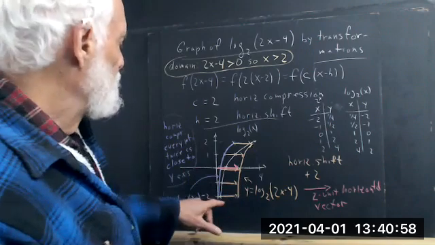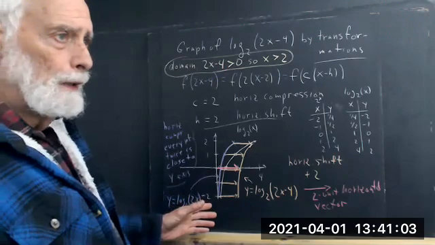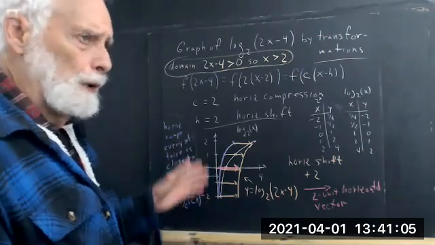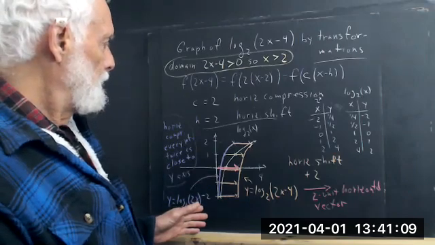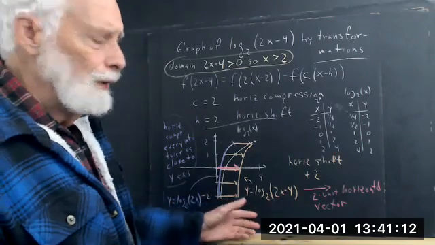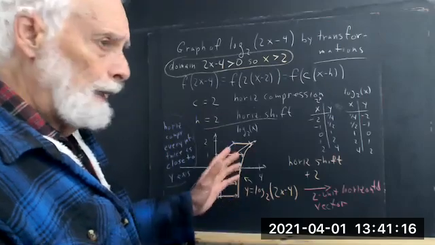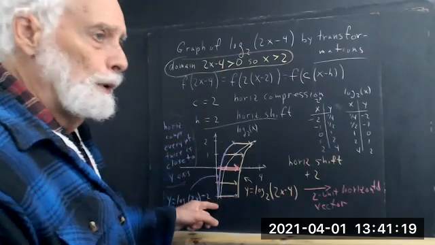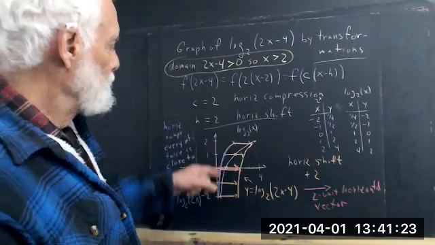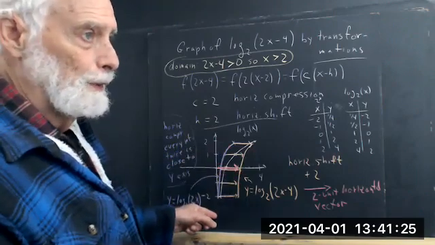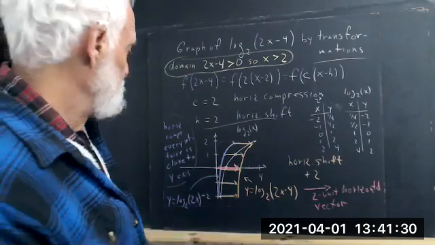In other words, all these points on the log graph are to the right of the y-axis where x equals 0. So when we move it 2 units, they'll all be to the right of x equals 2. And they get as close as you wish to the line x equals 0. So this will have to be asymptotic to the line x equals 2.